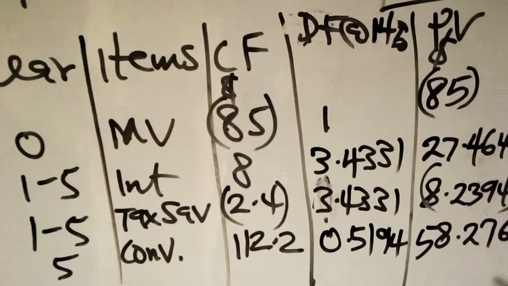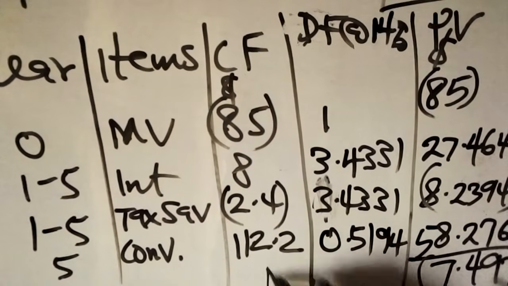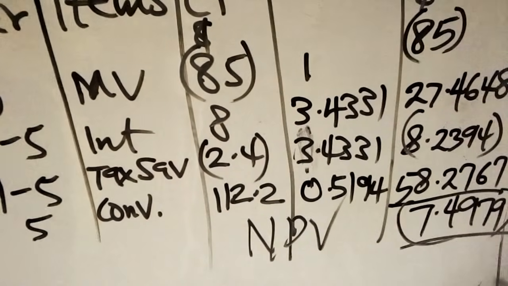Let me recast it. 58.2767 minus 8.2394 plus 27.4648 minus 85. Then we have minus 7.4979. That is negative. That is our net present value. So we've calculated our net present value and it is negative.